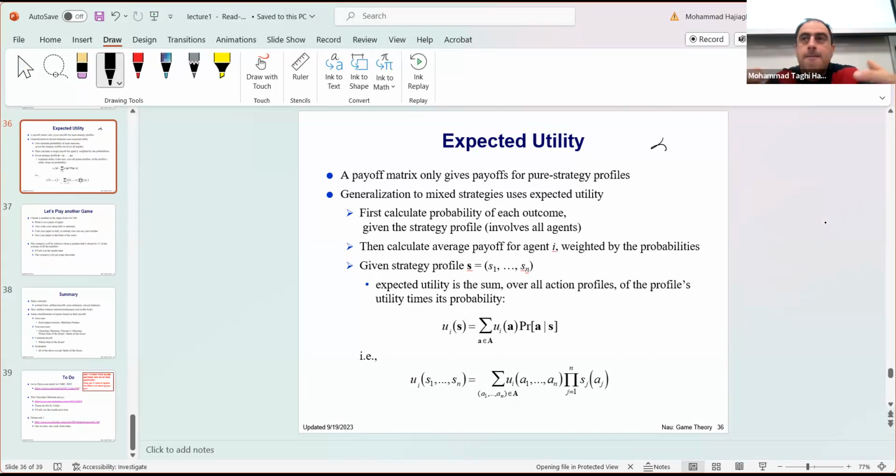The question is, what about for mixed strategies? How can we get the utilities? And that's again the part where the joint distributions, the ones that we discussed before, become very important.